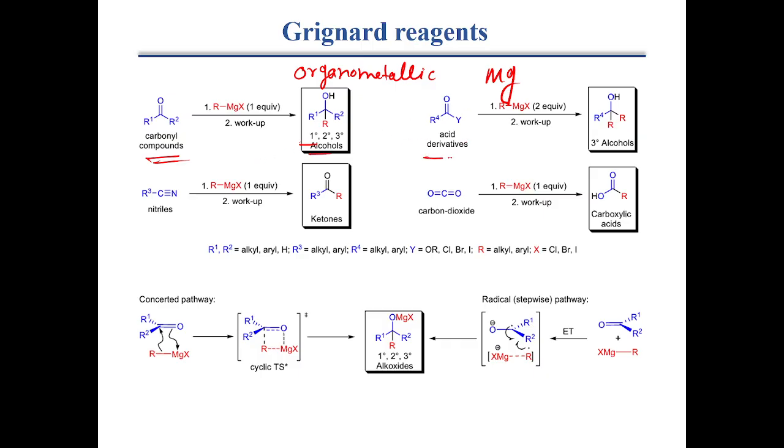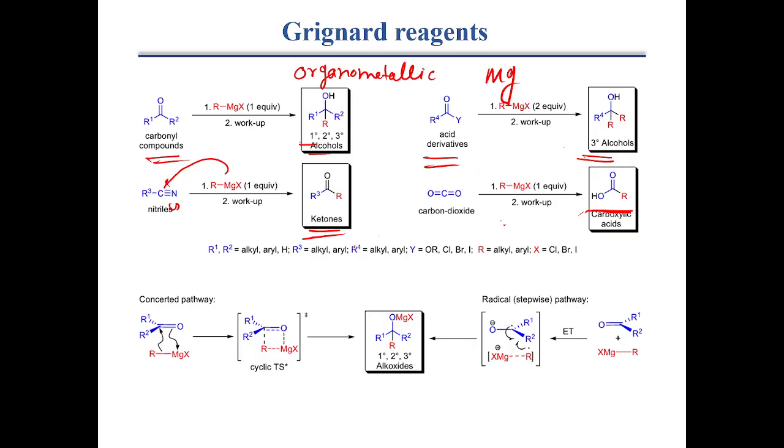In presence of acid derivative, after workup, it will form this tertiary alcohol. In presence of cyano, it will form the ketone, same as lithium. It will react here, and after hydrolysis, give ketone. Same with carbon dioxide, it will first give this acid, and the acid can further be converted to carbonyl.